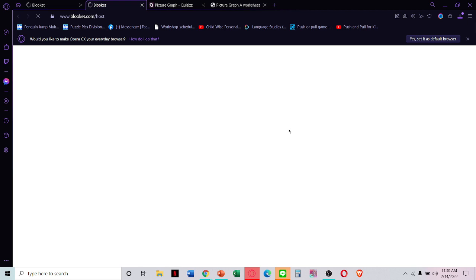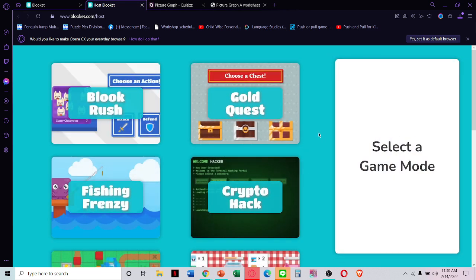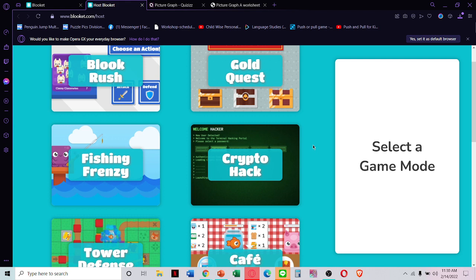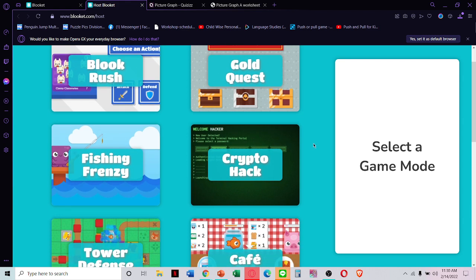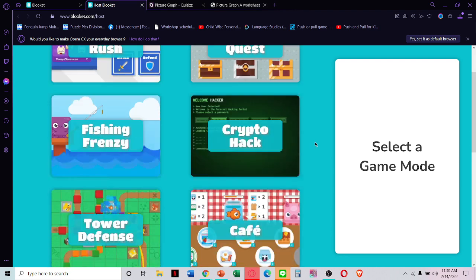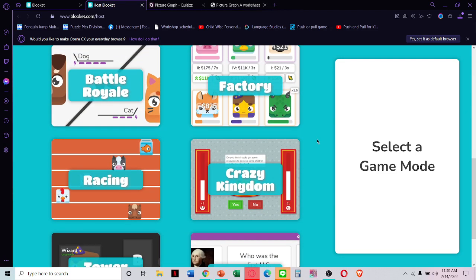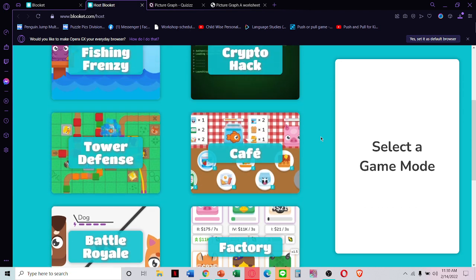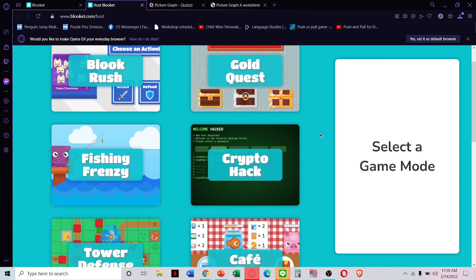I want Gold Quest. How about Gold Cake? Which one do you want? I want Gold Quest. Fishing.